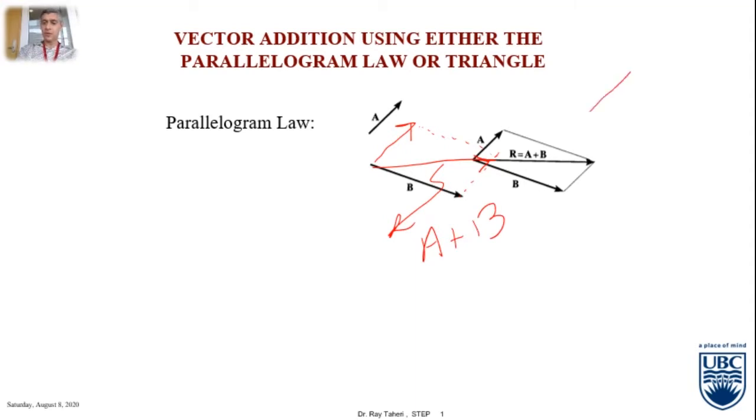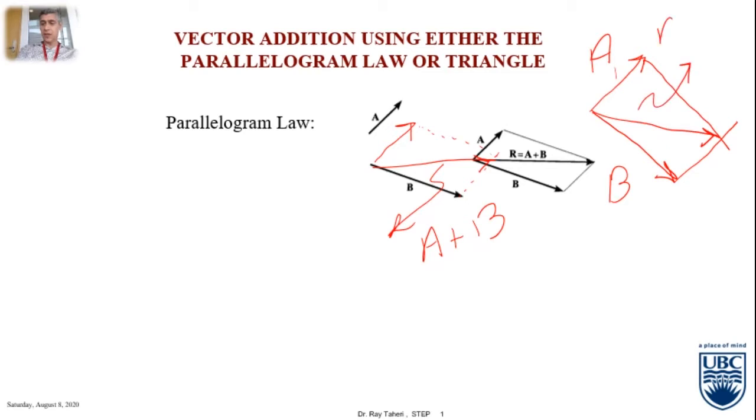I could very much do the same way from B. So if this is B, I make the vector A from the beginning of B. So this is A, this is B. And then I make parallel to B, parallel to A, and I can define this, which is A plus B. There is another method, it's called tip to toe.